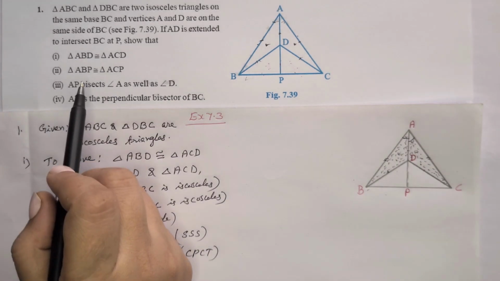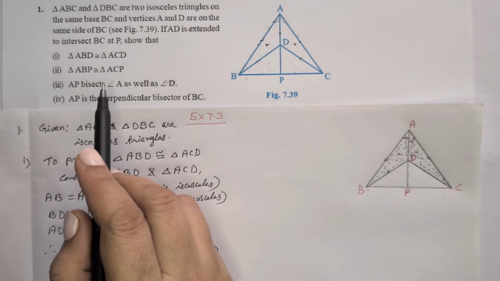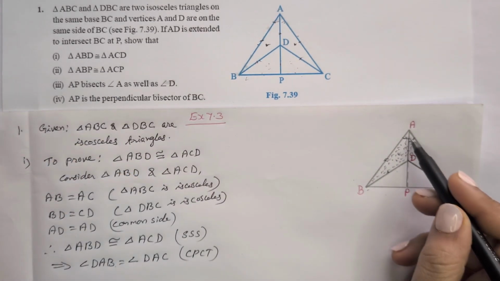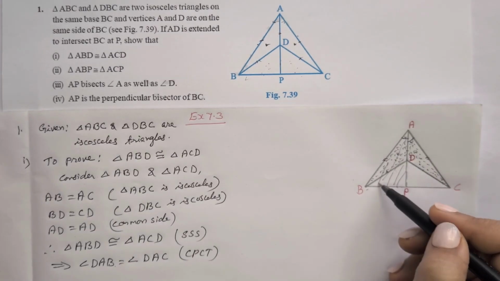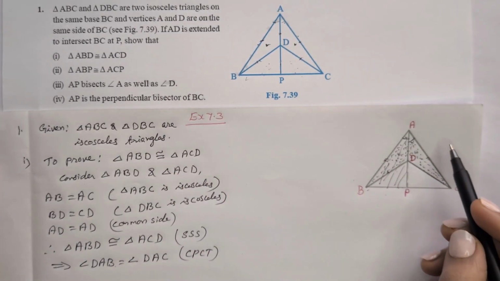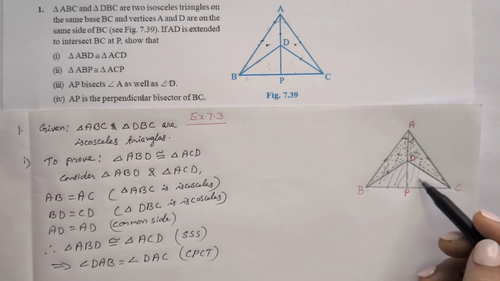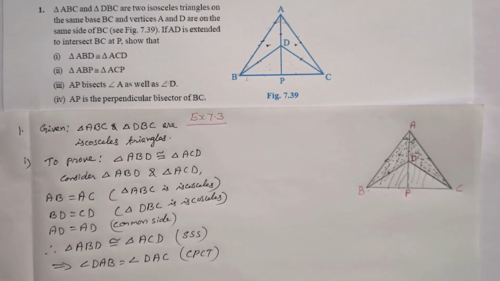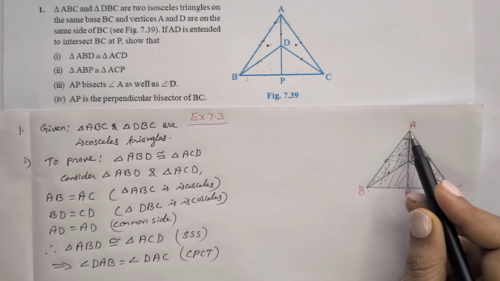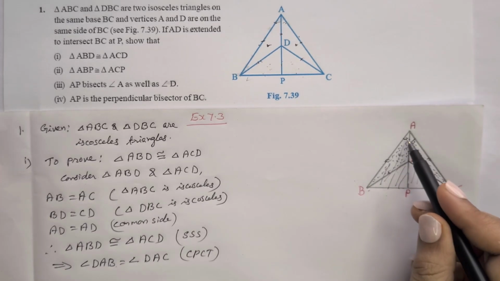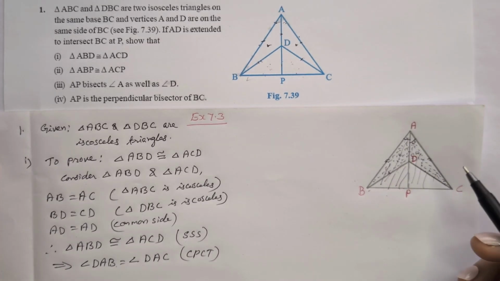Now the second part, we have to prove triangle ABP, that means this triangle ABP, is congruent to ACP. These two triangles are congruent. There also we can write these two sides are equal and AP is common and these two angles are equal.